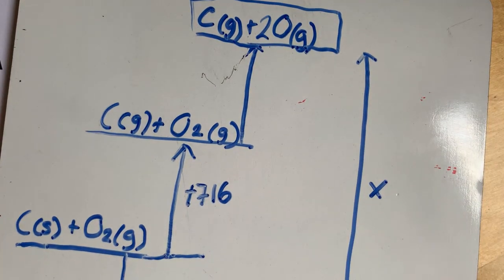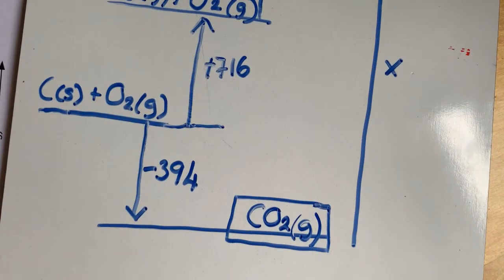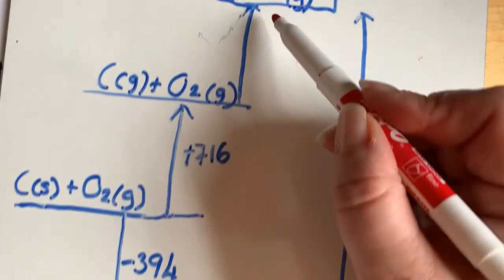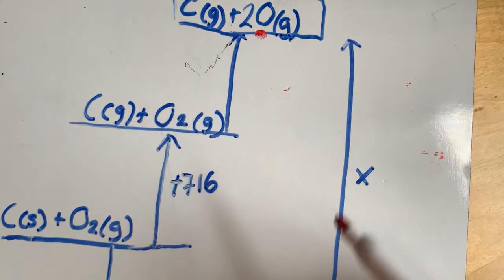So in this instance, to find x, we would be going against the flow of this, because we're starting from here and we need to make it up through all of this up to here.